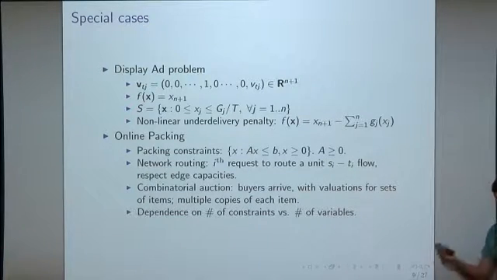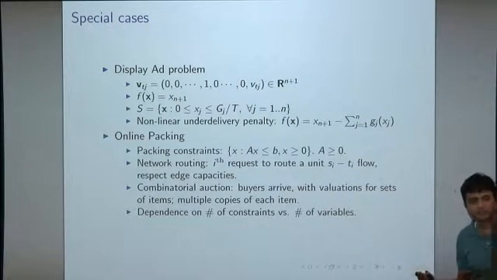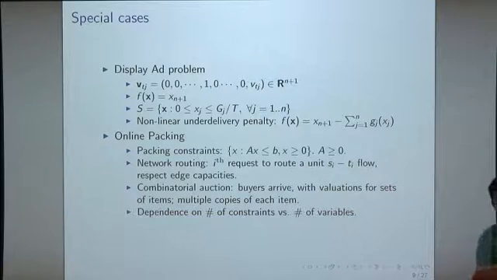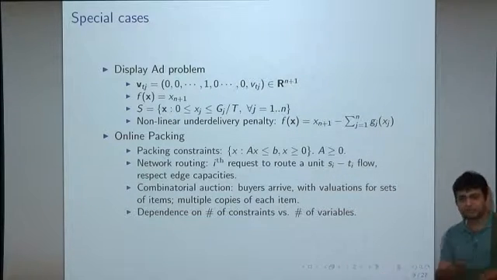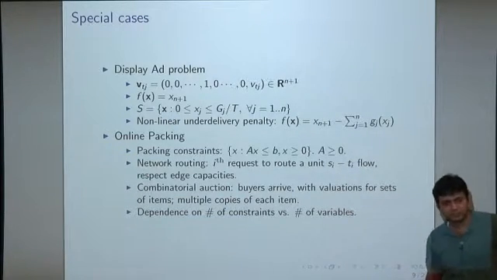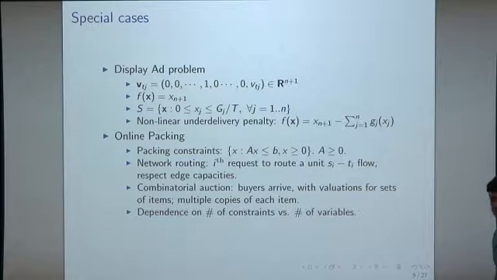And in a formulation like network routing, the number of constraints could be exponential in the number of variables, right? Because if the graph has m edges, the number of paths could be exponential in n. So the number of constraints would be exponential, and we get a dependence that depends only on the number of variables. So even in the linear cases we get improvement in some cases.